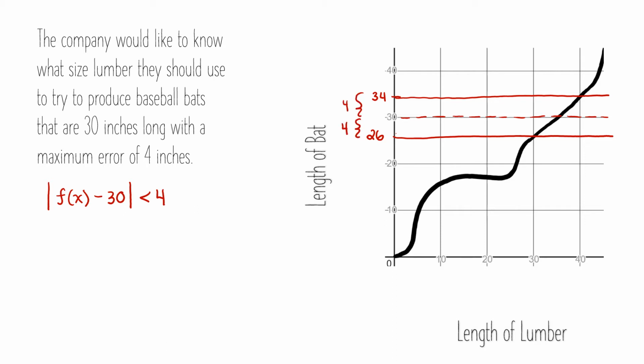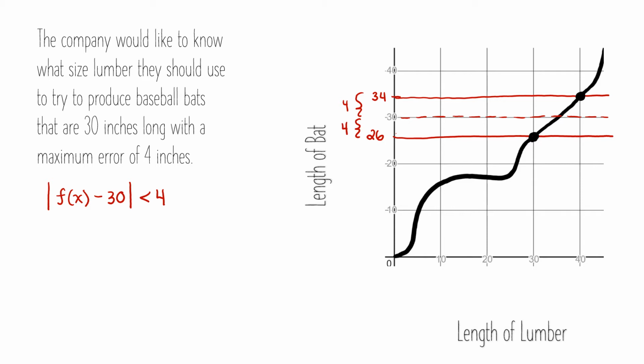But we want to know that when we're falling within that error bound, what are the lengths of lumber that will actually get us there? So we want to make sure that no matter what lumber we're putting into this factory, we're getting a length of bat that we're okay with. So let's look at where these error bounds intersect with our function.